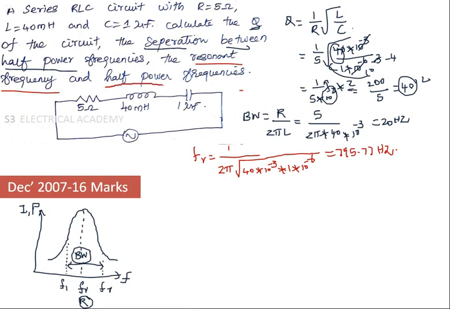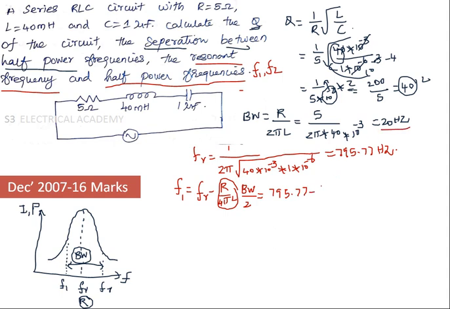What is the last term asked? Half power frequencies. Half power frequencies means F1 value as well as F2 value. F1, the lower cutoff frequency, is equal to resonant frequency minus R by 4 pi L. This term is nothing but half of the bandwidth. So resonant frequency value is 795.77, bandwidth value is 20, so 20 by 2 is equal to 10.